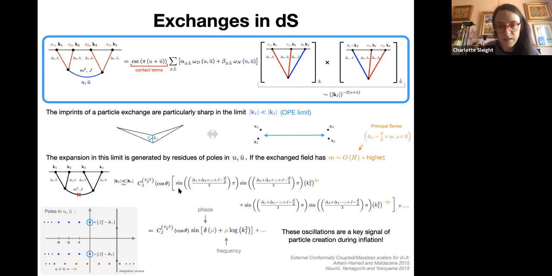And from this expression, you can in particular show that the phase of these oscillations can be traced back to these sinusoidal interference factors that come from the constituent 3-point contact diagrams, like we saw. So this tells you that the phase of these oscillations in the signal of the exchange of a massive particle is fixed by the cubic couplings through which your massive particle decays into lighter species.